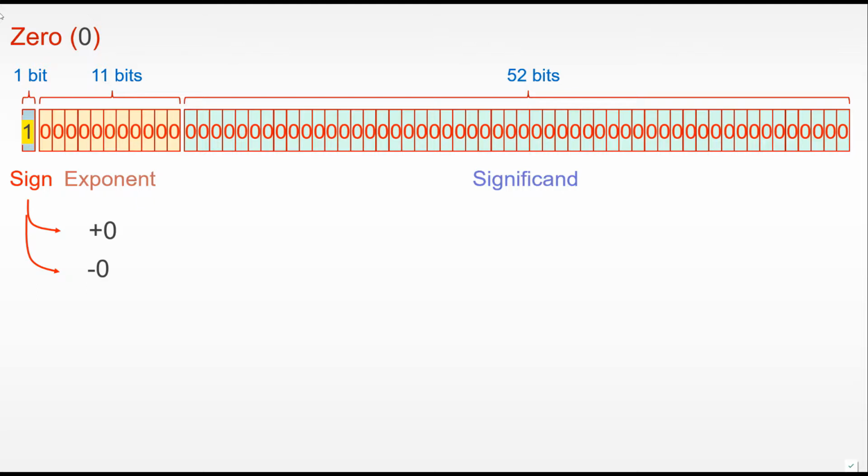This might sound strange, but again, the designers of this system have decided that this is a useful thing to have in a language. So for example, if we run the following code, 1 divided by -0, the answer is -Infinity. On the other hand, if we compare positive 0 to a negative 0, the answer is true.